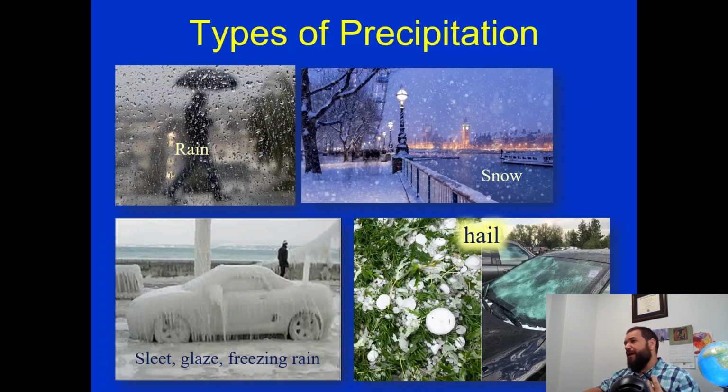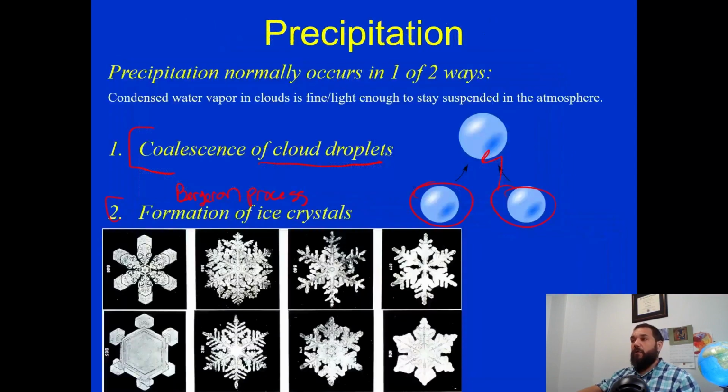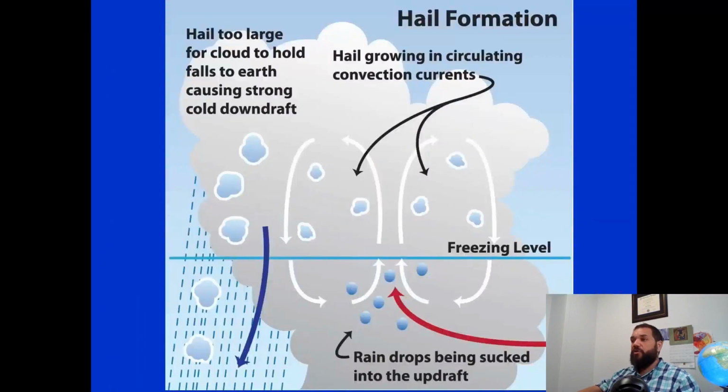Okay. So anyway, there are a lot of different types of precipitation: snow, rain, hail, sleet, glaze, freezing rain, lots of different stuff. So I did want you to read a little bit about that in your book. Especially interesting is hail and how hail forms. It forms in very strong updrafts. So what happens is ice crystals start to drop, and they actually get blown back up into the atmosphere by rising air.